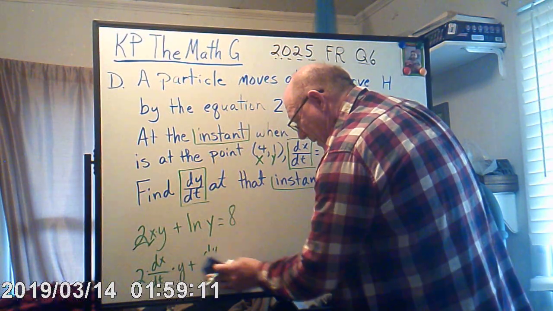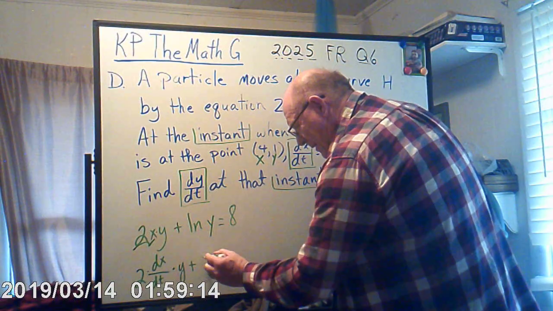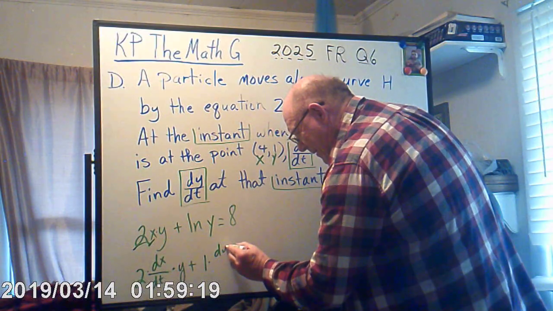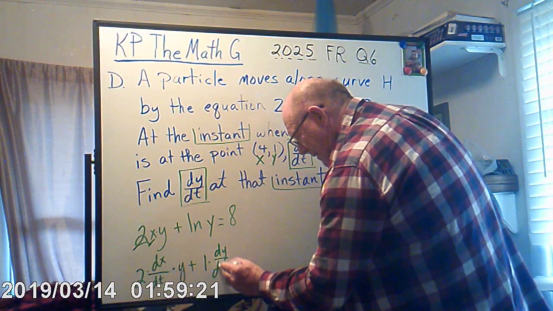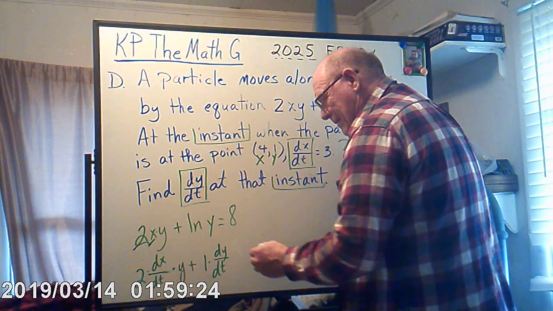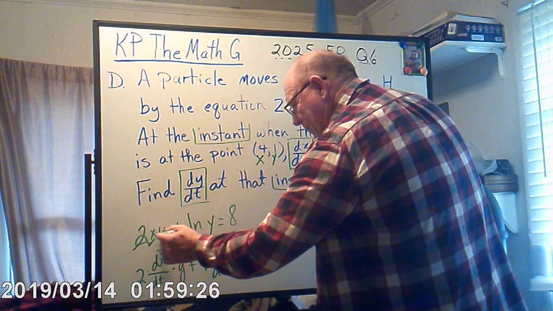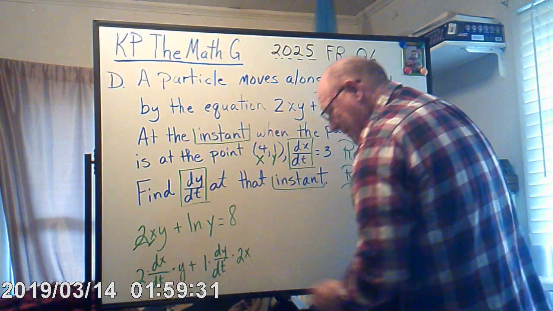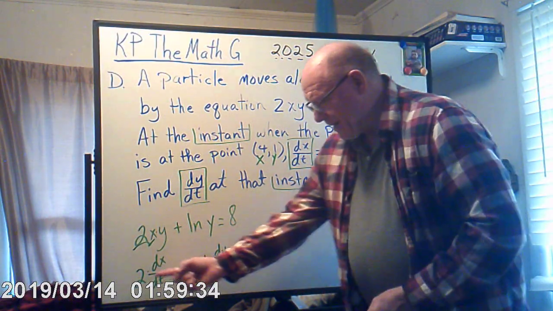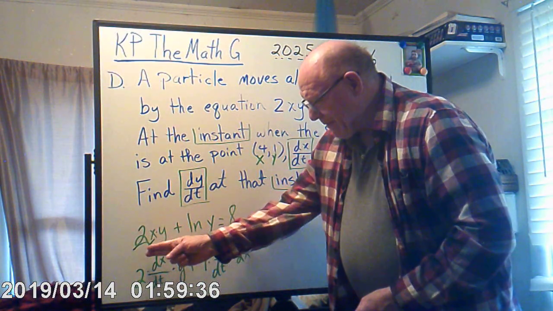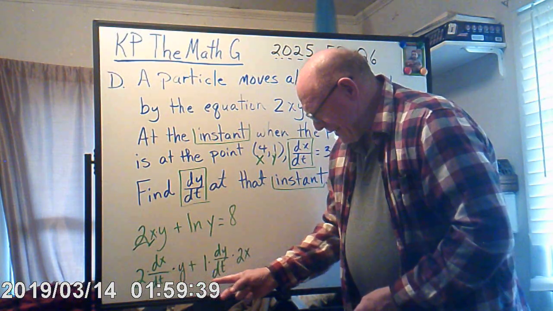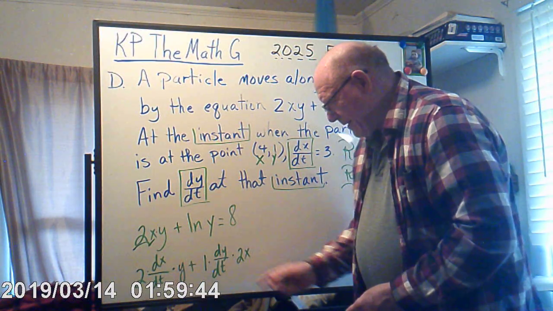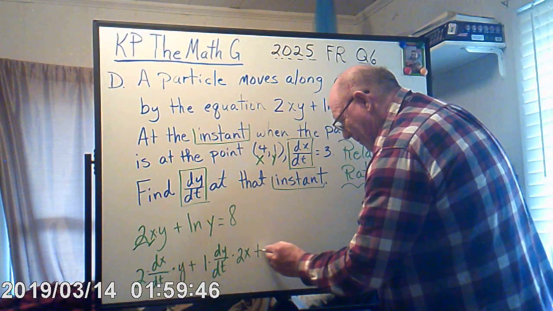The derivative of y is 1, that's just times dy over dt. Then the derivative of the second times the first. The first is 2x, so times 2x. Alright, we exhausted the product rule here.